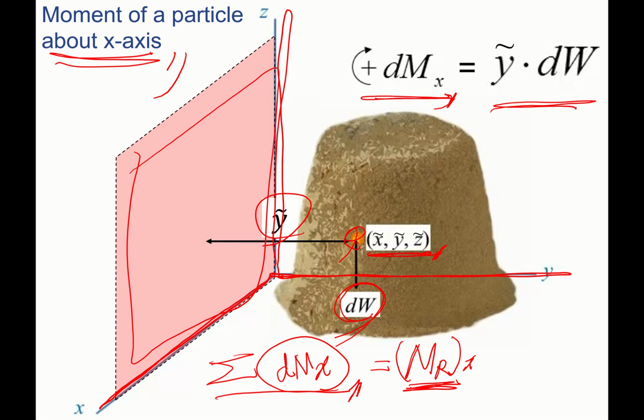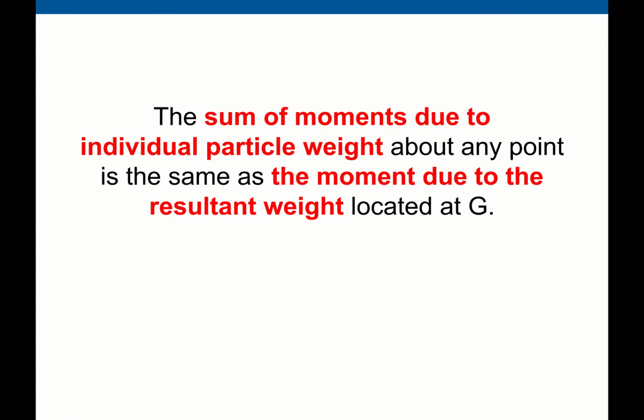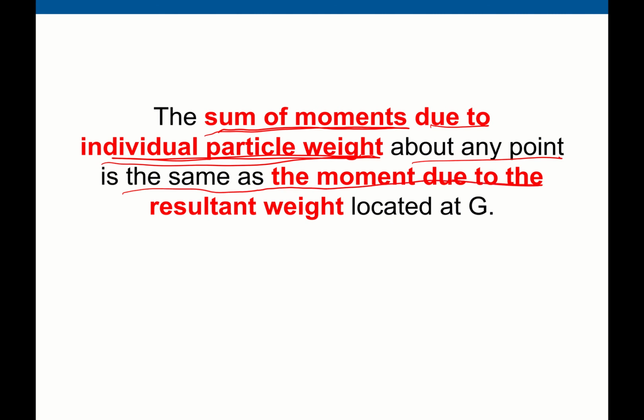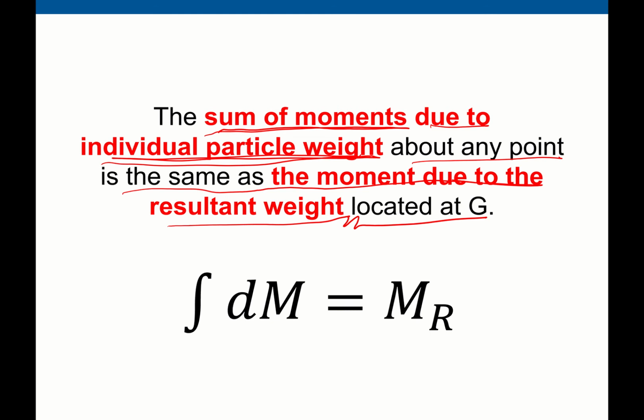That means we can find the center of gravity, where the line of action is. So the sum of the moments due to individual particle weights about any point is the same as the moment due to the resultant weight located at G. So the integral of the differential moment is equal to the resultant moment, and this resultant moment will act at the line of the center of gravity.